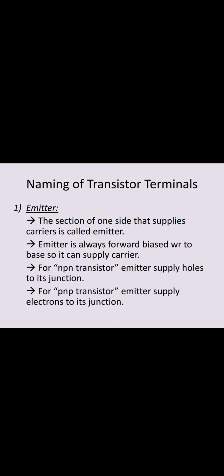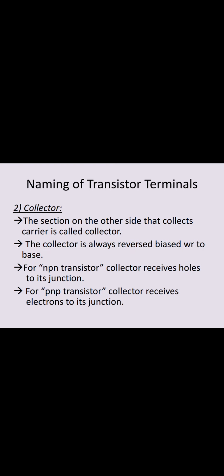The emitter base junction injects a large amount of majority charge carriers into the base because it is heavily doped and moderate in size. For the NPN transistor, the emitter supplies electrons to its junction, while in the PNP transistor, the emitter supplies holes to its junction.